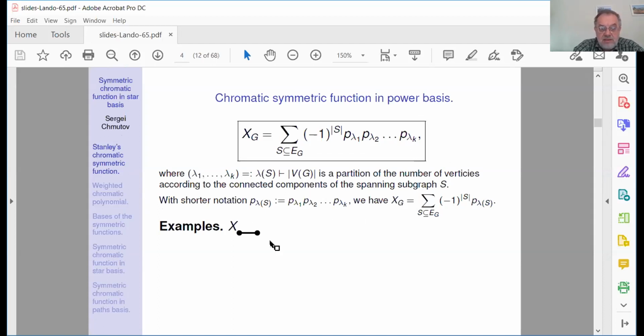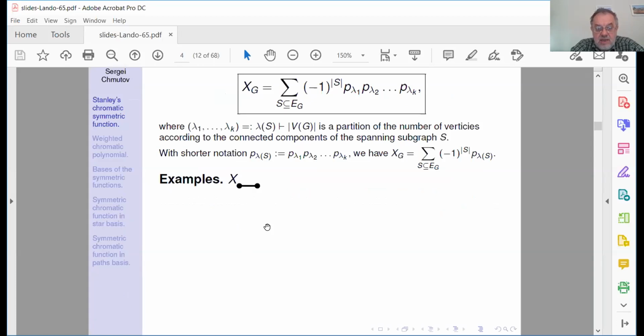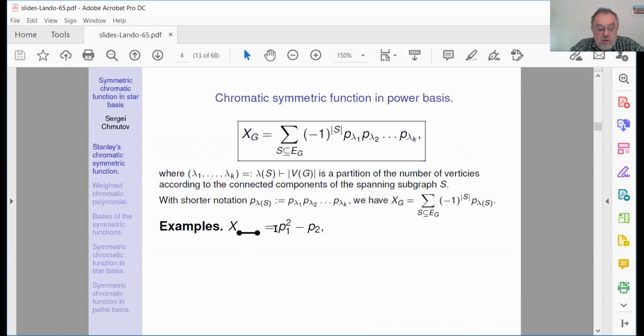And now let's look at the examples here. So again, let's start with this example. There is only one edge, so the possibilities for the subset of edges are either the empty set or the whole set.